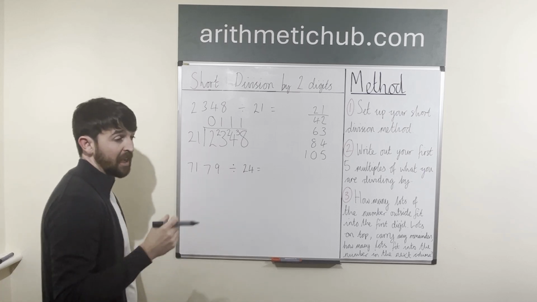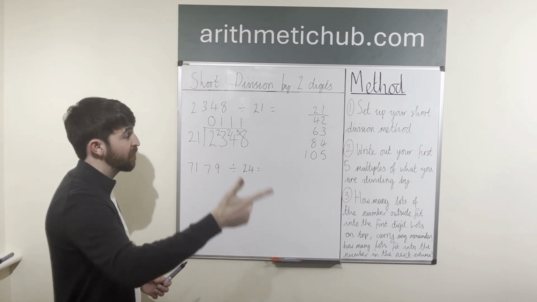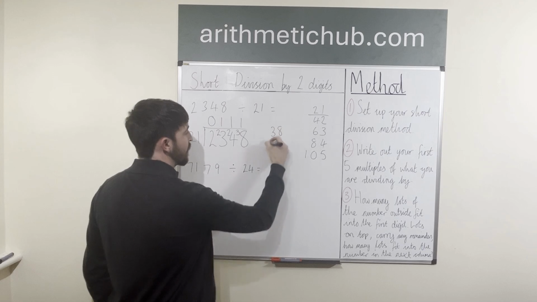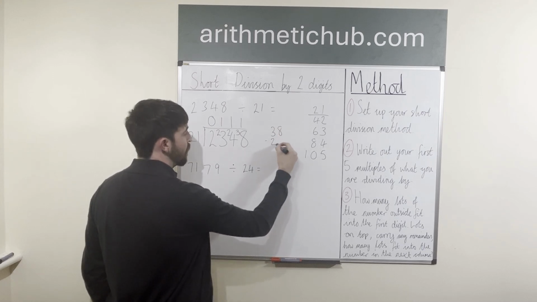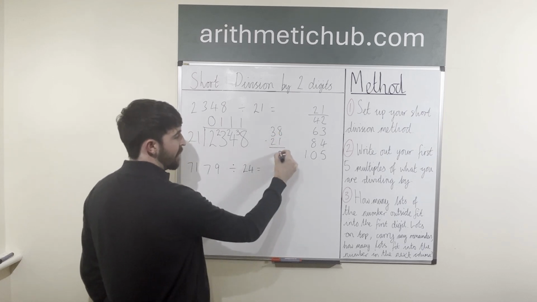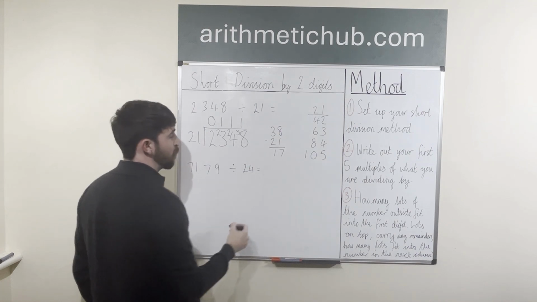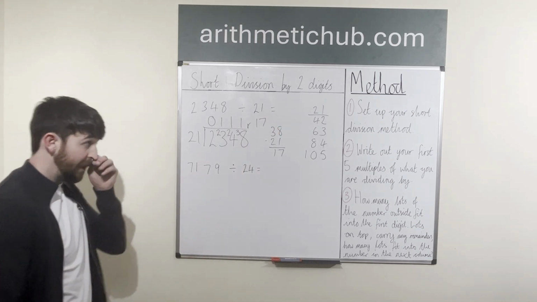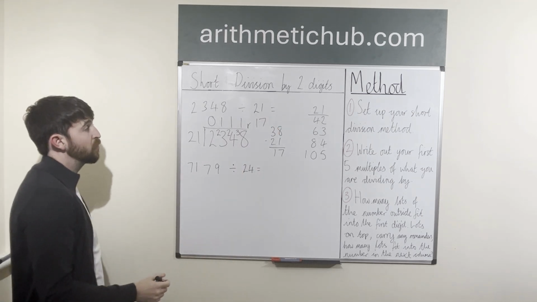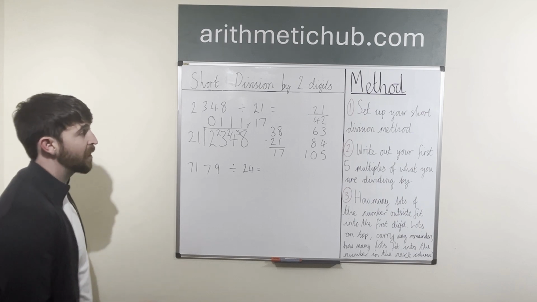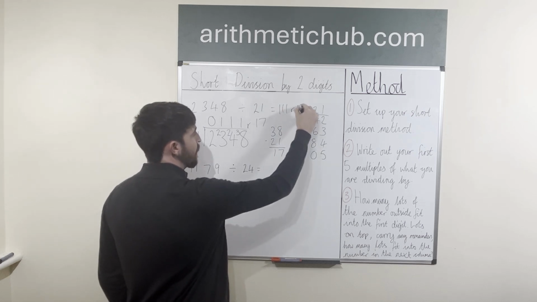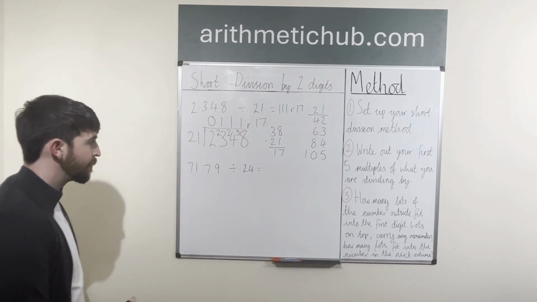I could carry on adding up 22, 23, 24 like that, or I can find the difference. 38 take away 21: 8 take away 1 is 7, 3 take away 2 is 1. So my remainder would be 17. I would have 17 left over. So 2,348 divided by 21 would give me 111, remainder 17.